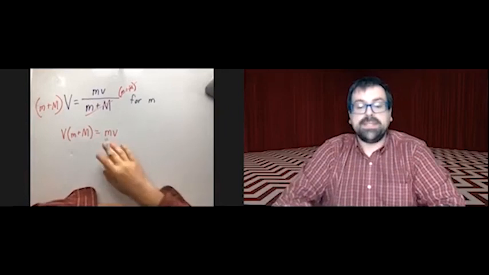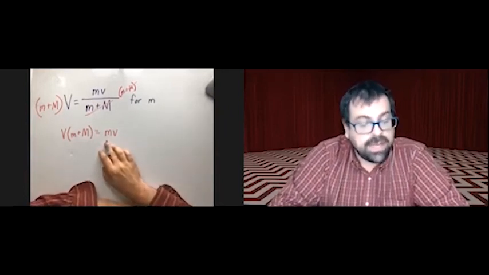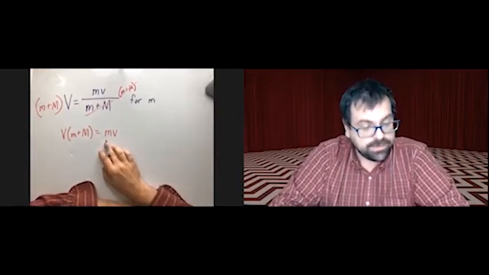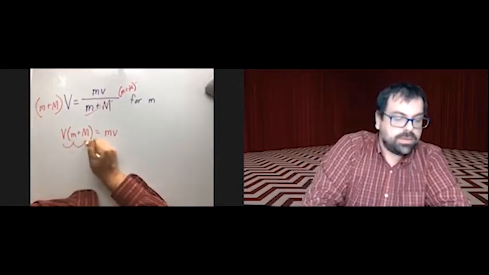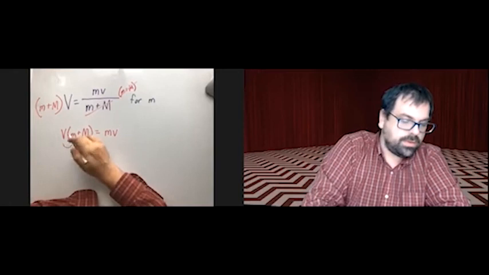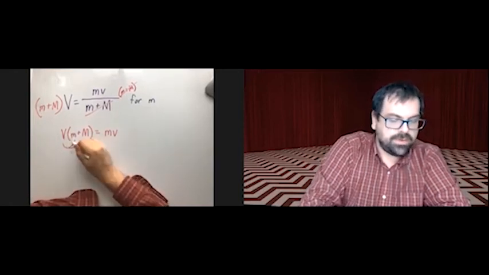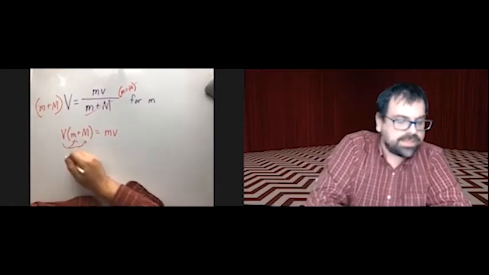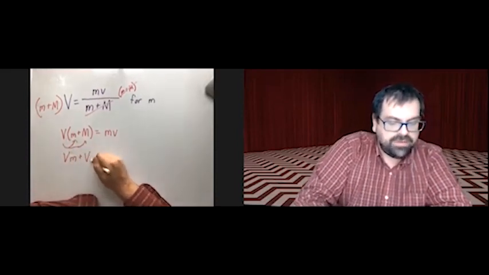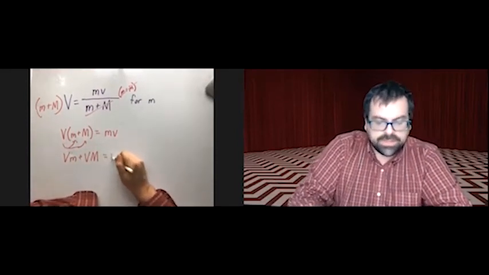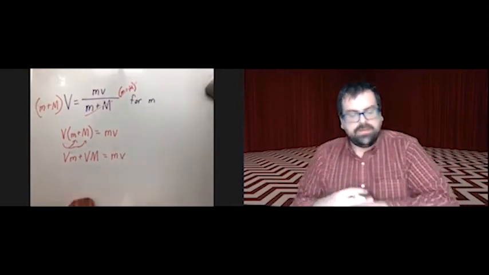How is this helping us get one single little m? Well, patience. Now we're going to distribute to get rid of the parentheses. Big V little m plus big V big M equals little m little v.